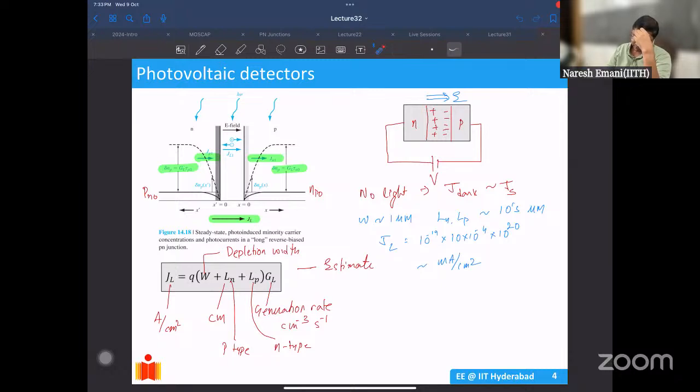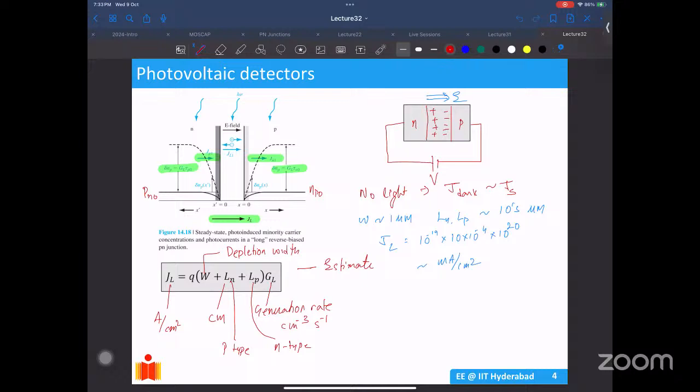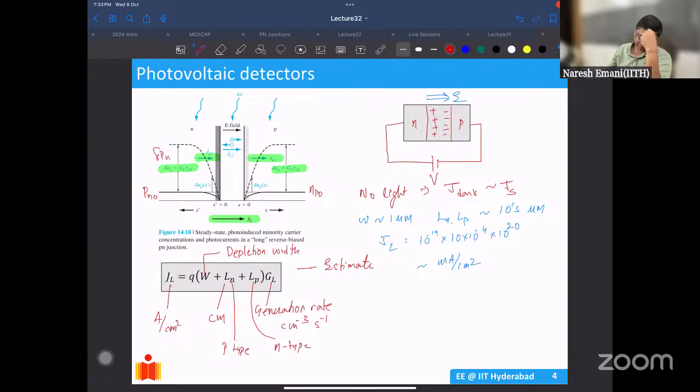I think this is a mistake, because this is N, this is tau N. This should be P. This is not delta NP, this should be PN. There should be delta PN. In the N region, the excess holes. Essentially, this is PN and delta PN. They have written it as NP, which is not the case.